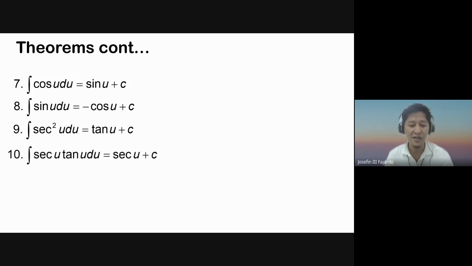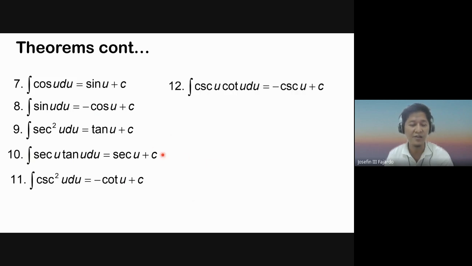Notice this one, this looks familiar actually, itong anim na theorems na to. This came about from the derivatives that we have, di ba? So pag pinaliktad mo, then the derivatives of the right side, ang lalabas lang dyan kung ano yung nasa integrand natin. Okay. So doon galing itong mga to.